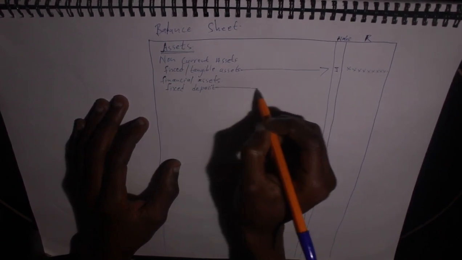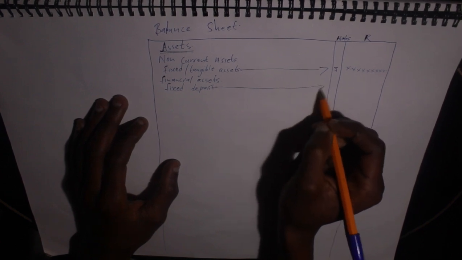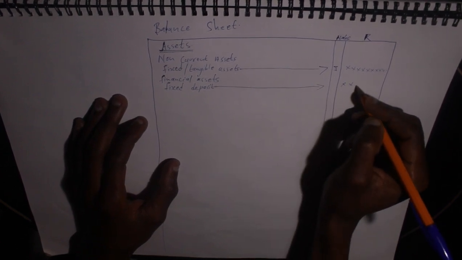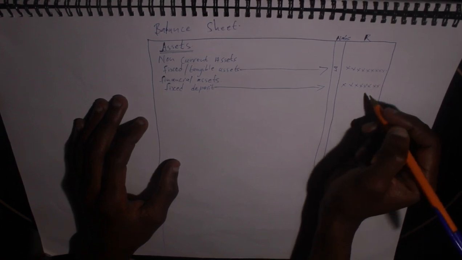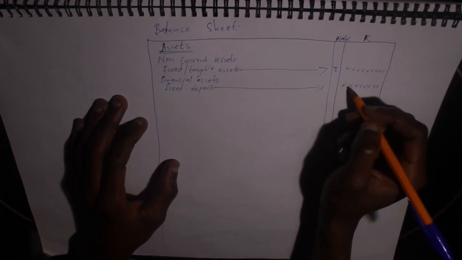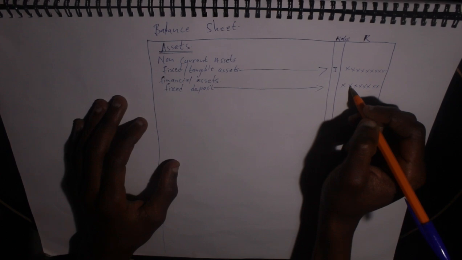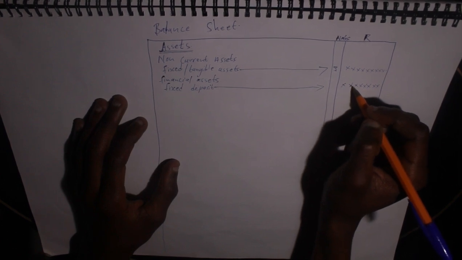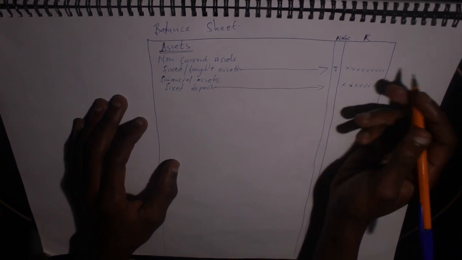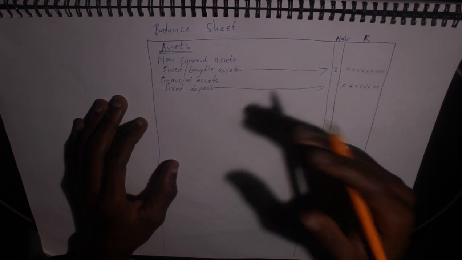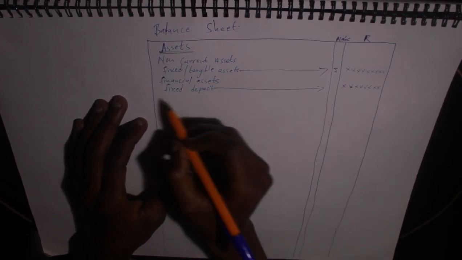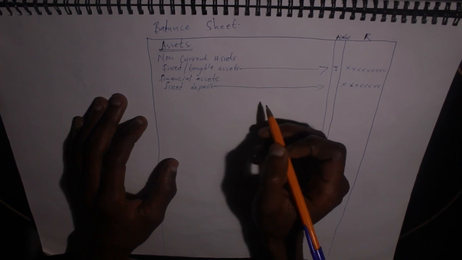A fixed deposit is simply the amount of money that you put in the bank and you invest in the bank for a long-term period, for a long time, a period of 2 years and many more years. So that's your fixed deposit.